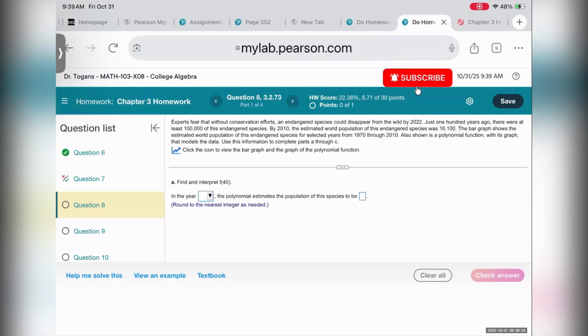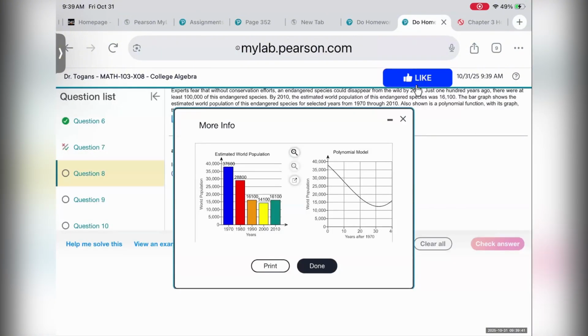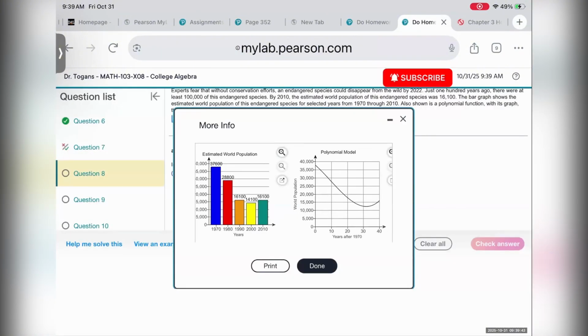F of 40. So, let me make this bigger. I think you have to look at the graph. I don't know. Open the graph. I think there's a function on there. Maybe not. Okay, what is f of 40 approximately equal to?